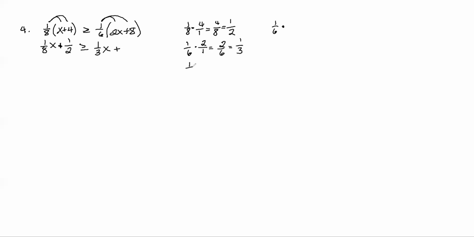Oh, I'll do it down here. 1/6 times 8 over 1 is 8 over 6, which is 4/3. So now we want to go ahead and multiply everything by the LCD.